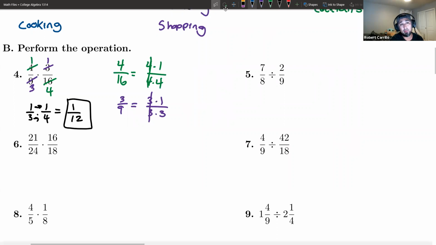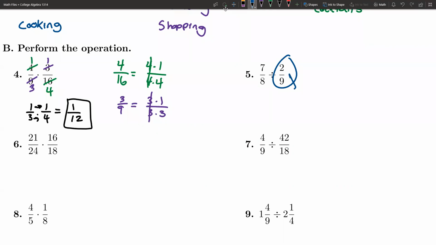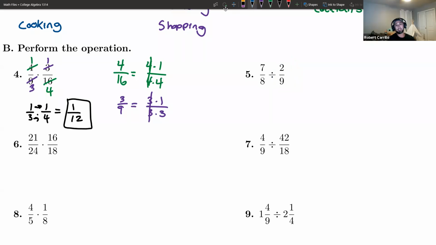All right. Now number 5. You have 7/8 divided by 2/9. So whenever you divide fractions, you must take the fraction on the right and do what with it? Do the reciprocal. Good. Flip it. All great answers.